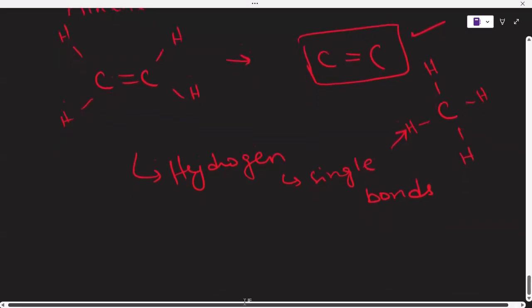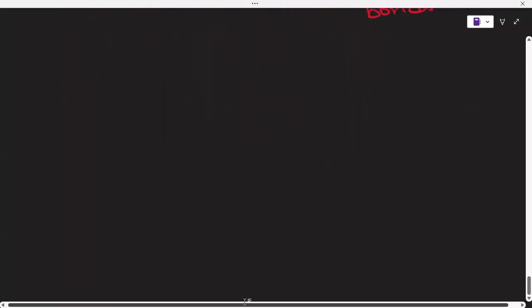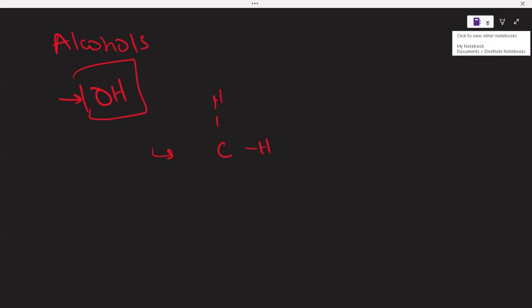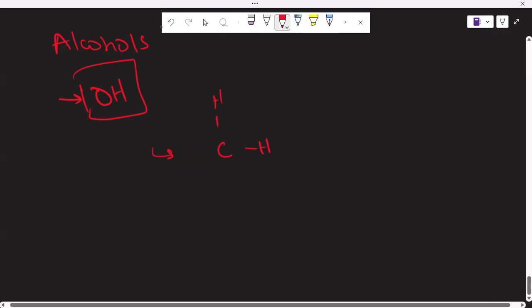Now let's look at the functional group of alcohols. The functional group is something that looks like this. The OH part is what we call the functional group, but if I draw a structure for an alcohol, it is going to look something like this. Wait, just let me draw another structure better.